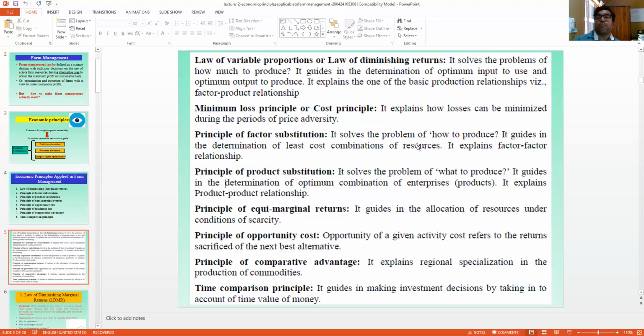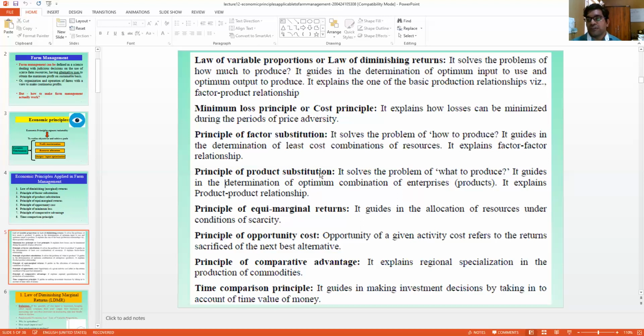So let us use that combination which comes with least cost. That is the guiding principle behind the principle of factor substitution: use that combination of resources where the cost is minimum, because anyhow the various combinations of the resources are going to give the same output, right? Certainly, same output.